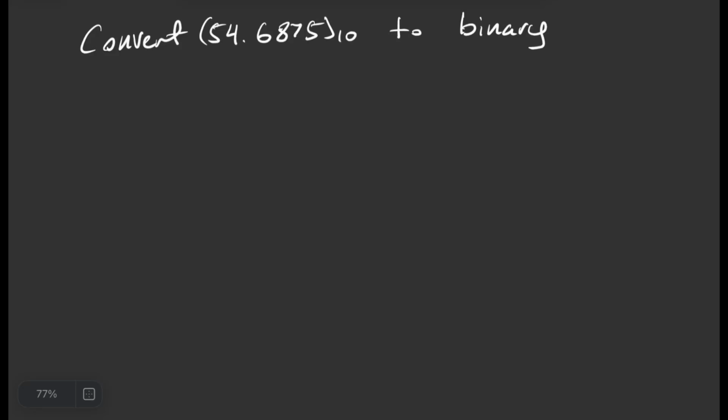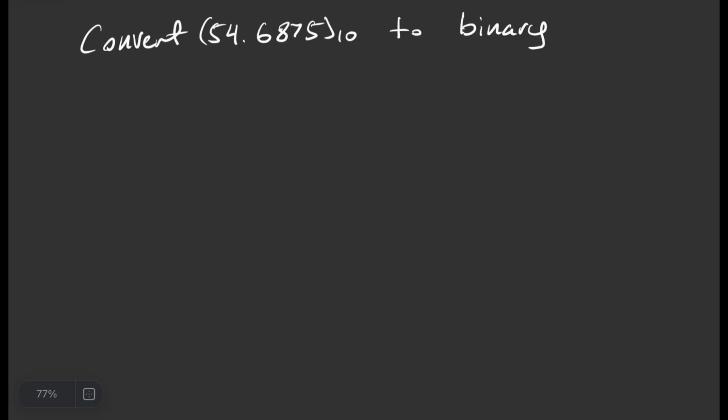Okay, and this will be our second question, where we need to convert 54.6875 base 10 to binary. Essentially, the way we're going to solve this question is we're going to do the whole number portion first and then the decimal portion after.